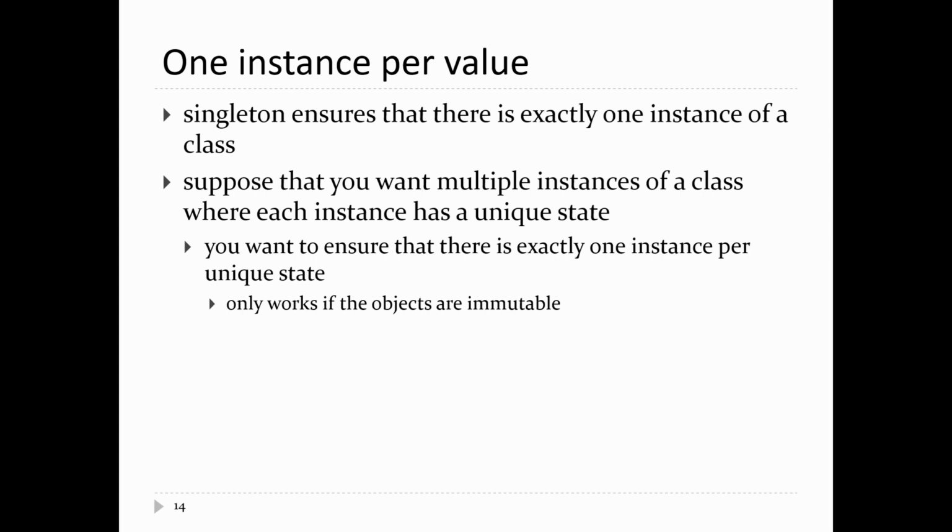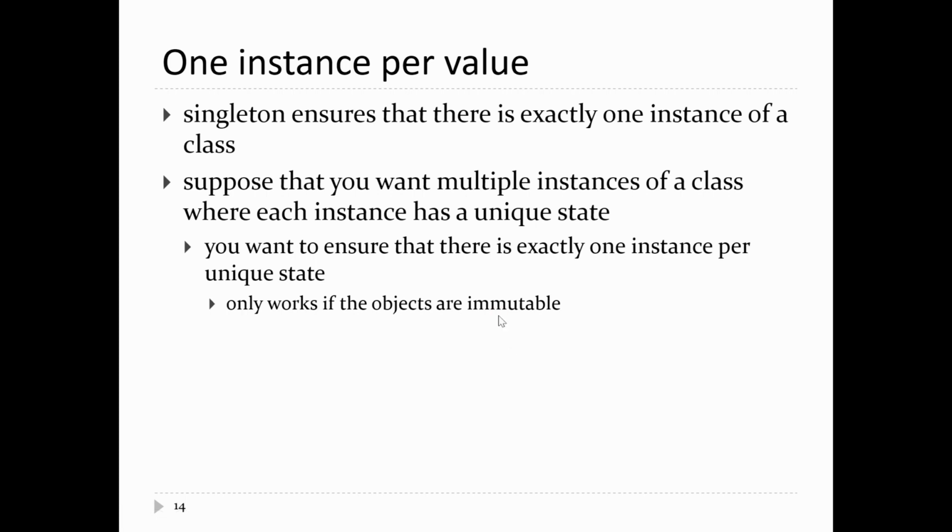The integer class in Java is immutable. Remember the integer class, it's the wrapper class for ints. It doesn't really make sense to make a different integer object for every int value. You can write new Integer, but it doesn't make any sense, because the class is immutable, I can't change the state of an integer anyway. And so there's an example of when you might only want one instance for every unique state.